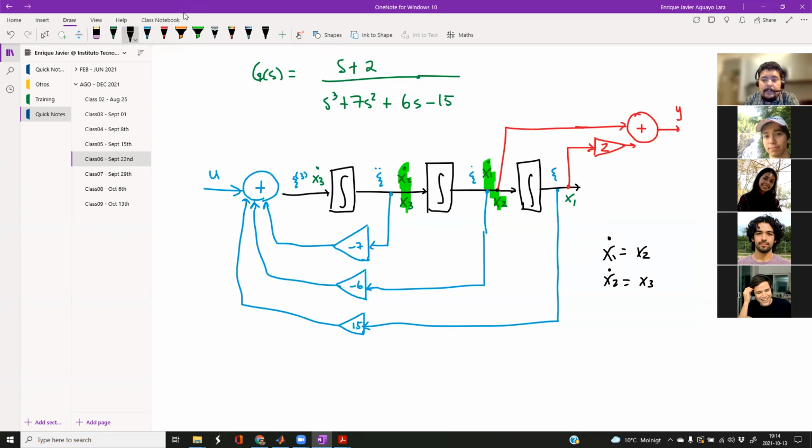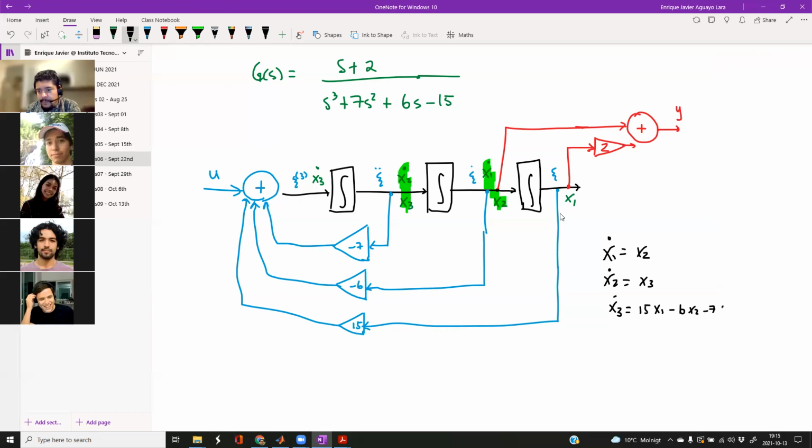And finally, the derivative of x3 is equal to 15 times x1 minus 6 times x2 minus 7 times x3 plus u, where the output of the system, I'm saying, is equal to 2 times x1 plus x2.